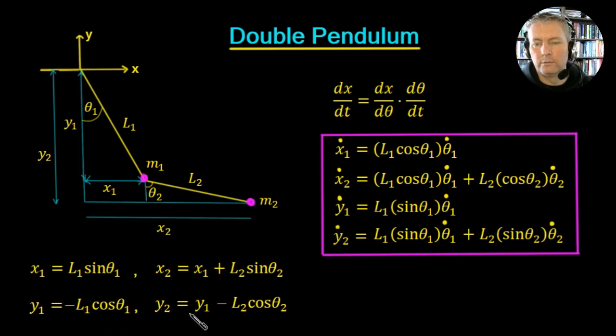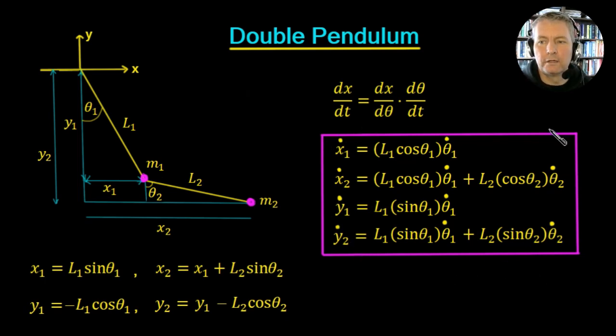So y2 dot is going to equal y1 dot, which is the same as above, since we've already differentiated it. And when we differentiate the second part here, we differentiate cosine, we get minus sine, the minuses cancel out, and we get L2 sine θ2, and then from the chain rule we've got θ2 dot.